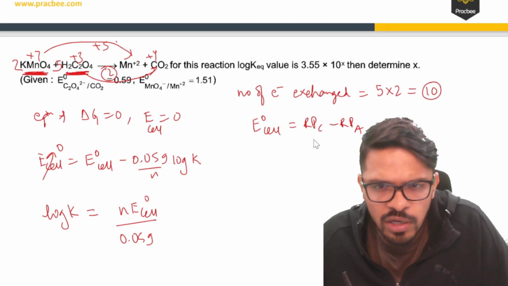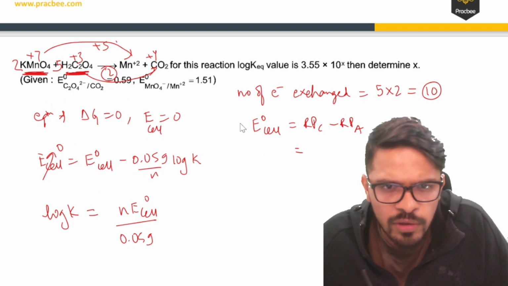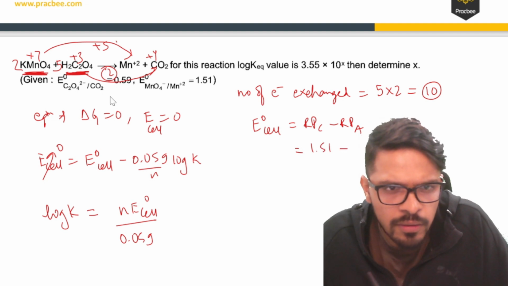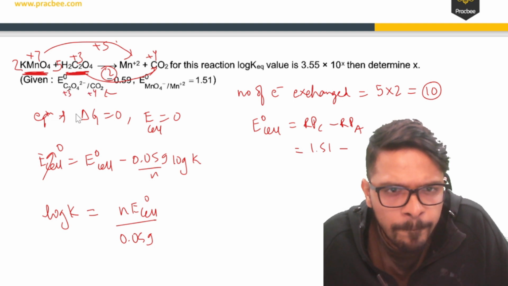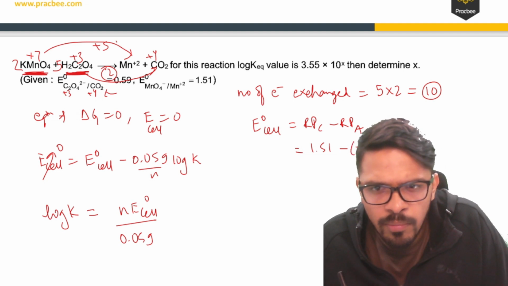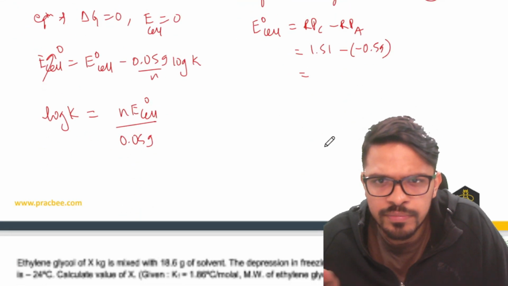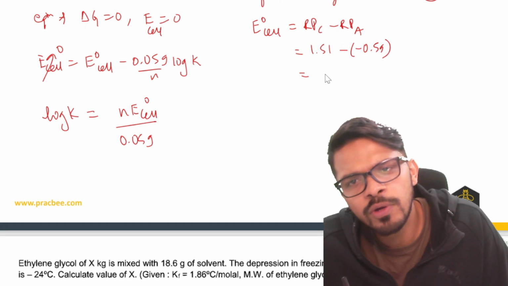So reduction potential of cathode is the reduction part, so reduction is KMnO4, so 1.51 minus, if you see this value, this is oxidation potential, +3 to +4, we would have to reverse this, so we would need minus 0.59. So the E naught of cell would be 1.51 plus 0.59, this would be 2.1, I guess.